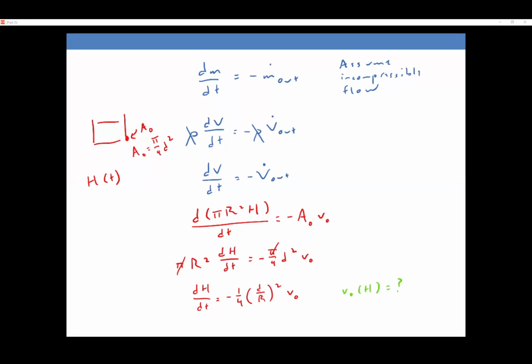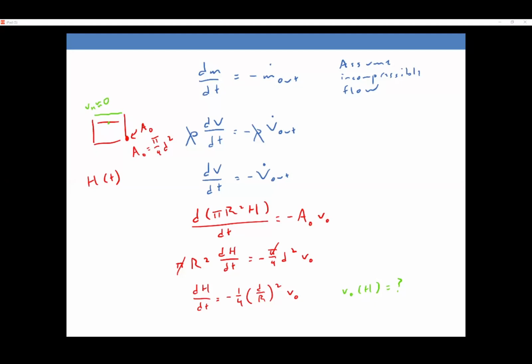Okay, Tyler says we can still assume the velocity at the top of the tank is 0. That is a good question, because the whole point is that the level of the tank is changing with time, right? But because the area of the tank is so big, the level will be dropping, but we will assume that the velocity at H, I'm going to call that VH, is close to 0.